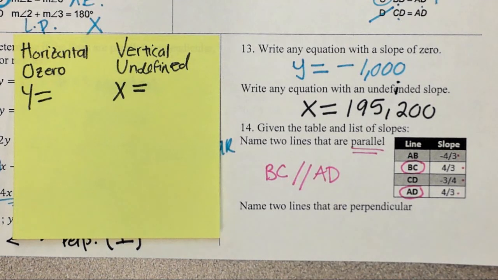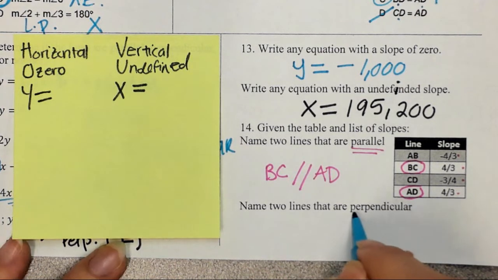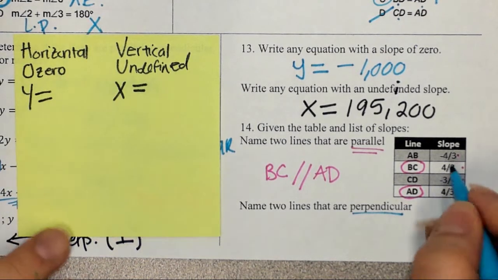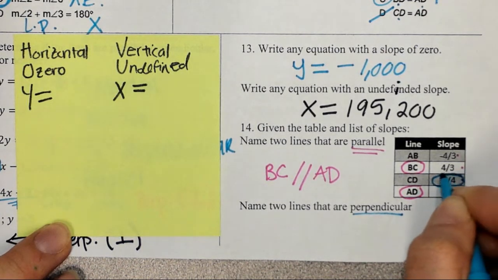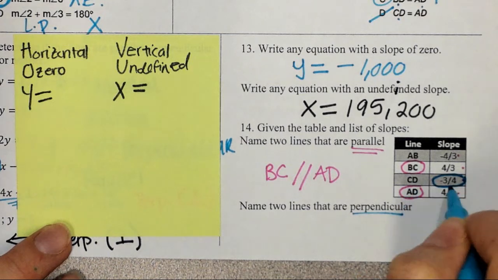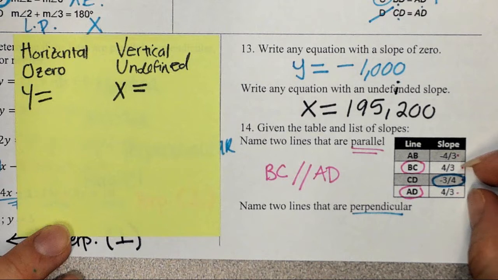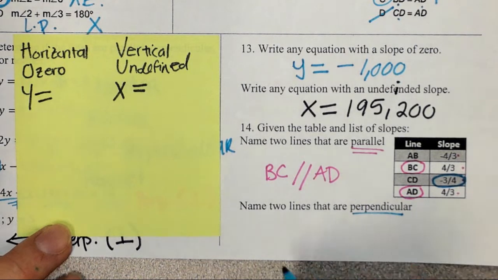Name two lines that are perpendicular. So perpendicular lines have to have opposite reciprocal slopes. So we need something that is different signs and a flipped fraction. Okay. So if we look at the slope of CD, that's negative 3/4. So it's changed the sign and it's flipped the fraction.